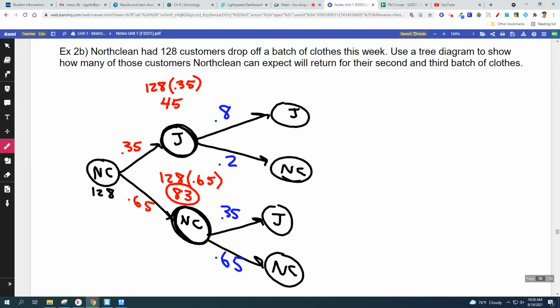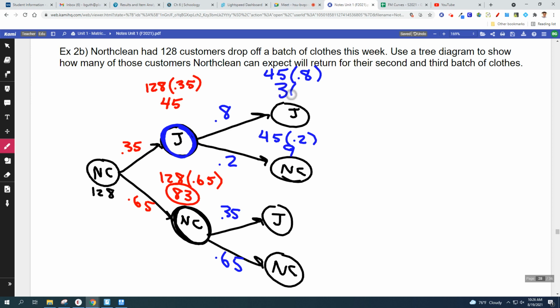So I can figure out this number. There were 45 here. 45 people brought their second batch to Johnson. So for this number, I could do 45 times 0.8, and for this number, I could do 45 times 0.2. Well, I really only care about North Clean. So 45 times 0.2 is 9 right here.